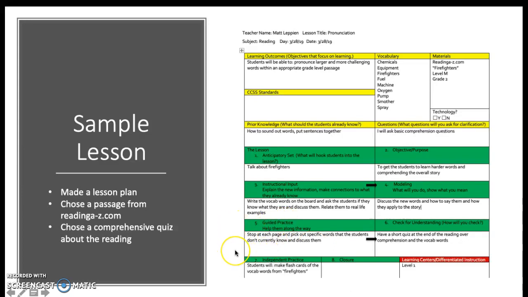During reading itself, we will stop at each page and pick out specific words that the students don't currently know and discuss them. And I will have a short quiz at the end over reading comprehension and the vocab words. And some homework after the lesson. I will have the students make flashcards of the vocab words from Firefighters.